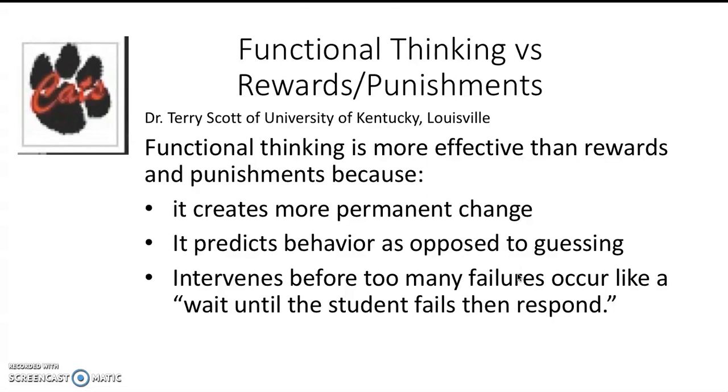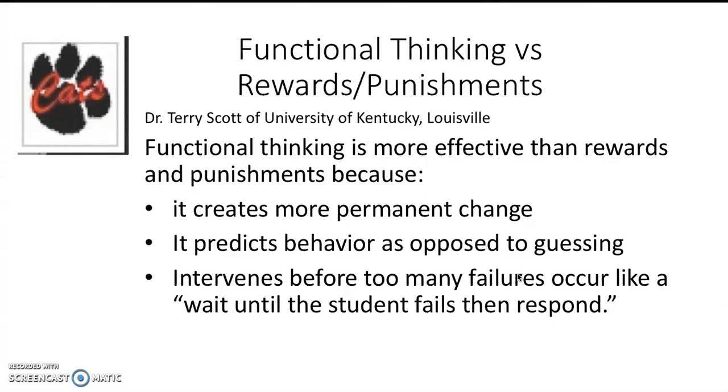Whereas with rewards and punishments, a student is likely to just perform for a reward or to avoid a punishment and will not carry that knowledge to the next grade level or in life. It also predicts behavior as opposed to guessing. Sometimes we guess when we're doing rewards and punishments and we don't really get to the actual function.